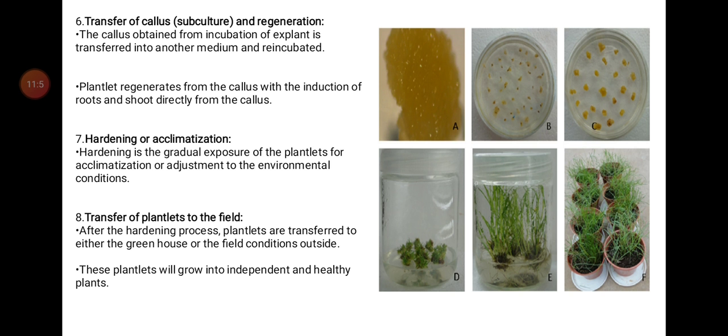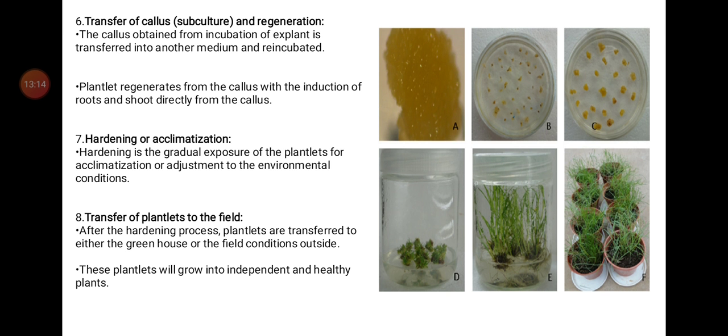The callus which grows takes up all the nutrients, so we have to transfer it into a new nutrient medium so that the callus can differentiate into roots and shoots and can easily grow into a new plant. So basically it is called subculturing, that means the transfer of the callus into a new nutrient medium. Now the plantlet regenerates from the callus with roots and shoots developing directly from the callus.